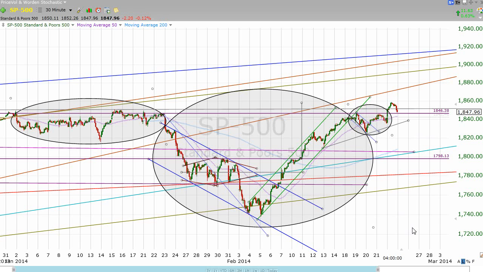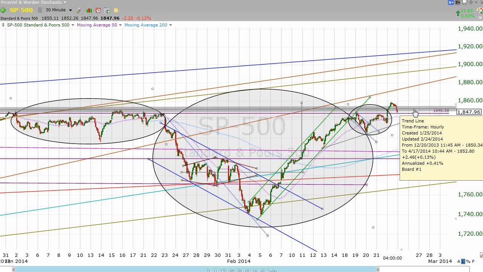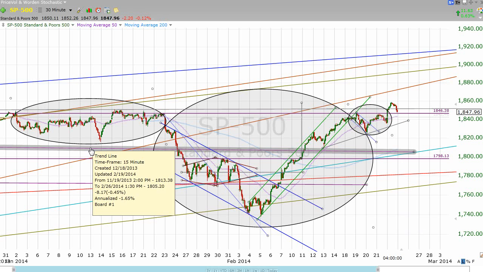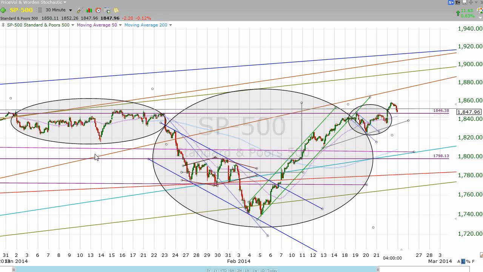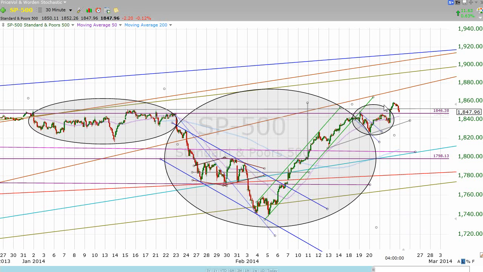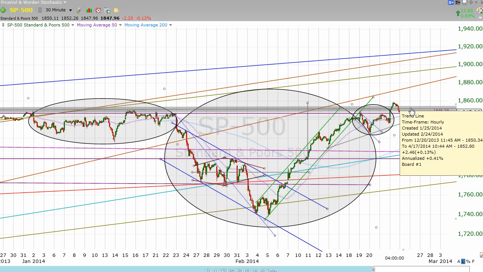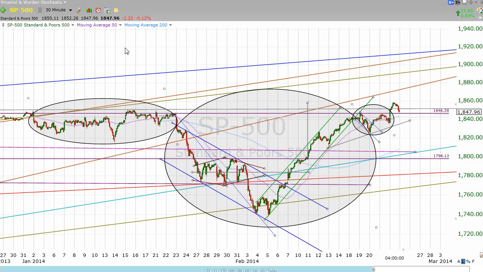Now, as you look at the chart, you can see there are a couple of things of interest. This gray line right here is the previous all-time high that was set back in January for the S&P. And we closed underneath that, which by itself isn't really that big of a deal.